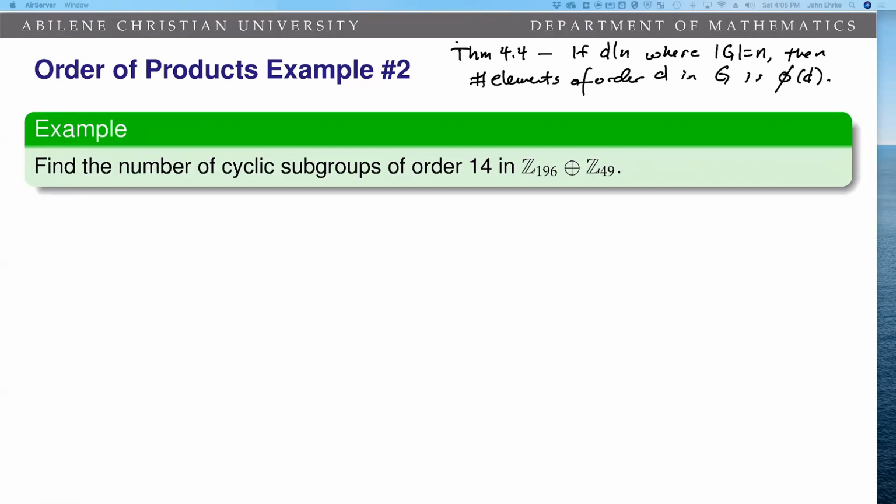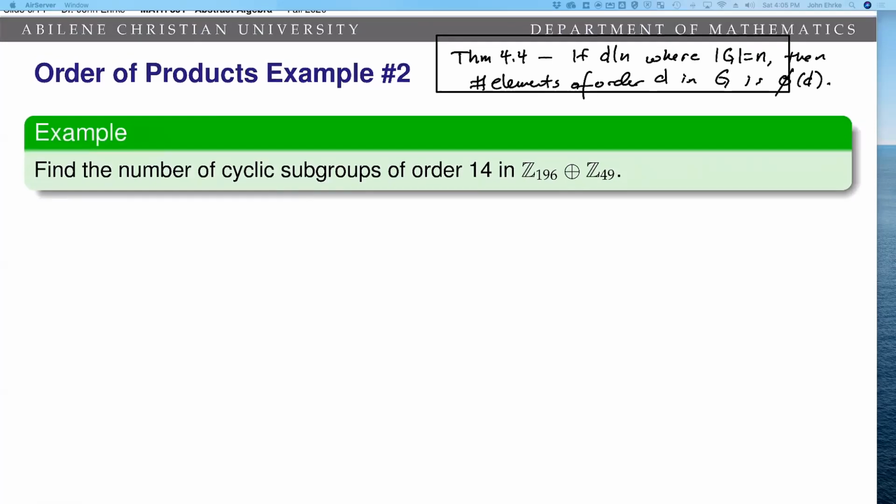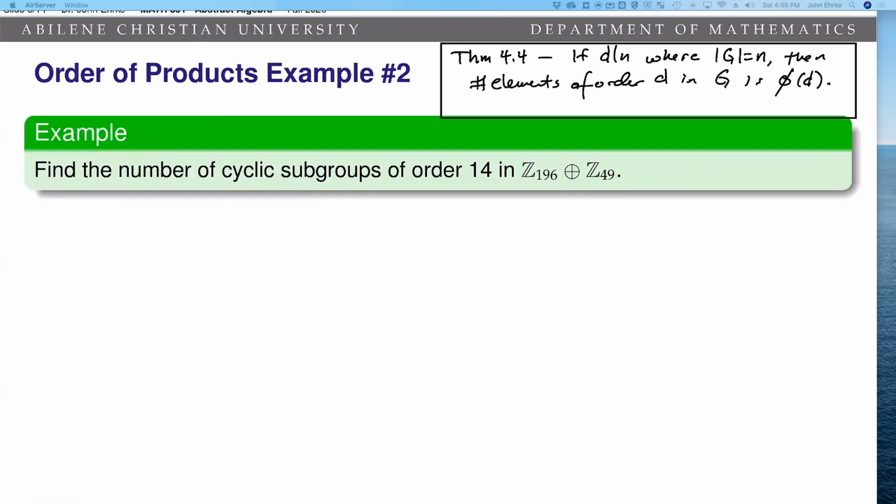This is the really big result from section 4 that we're going to be using in this section. If you need to go back and review the uses of that theorem, I would recommend you do so. But that's the big thing that we're using here.